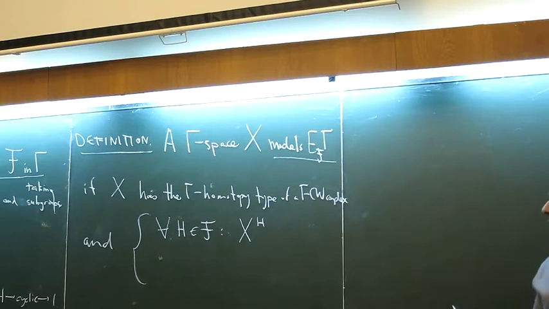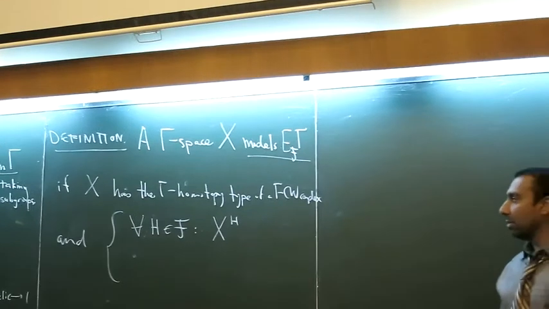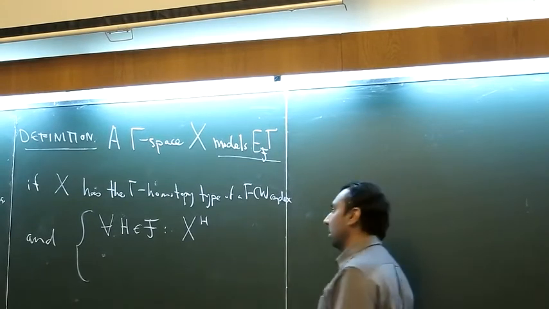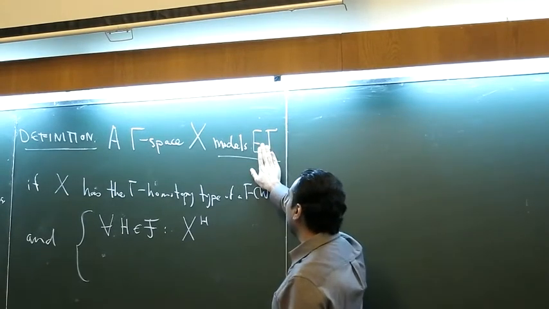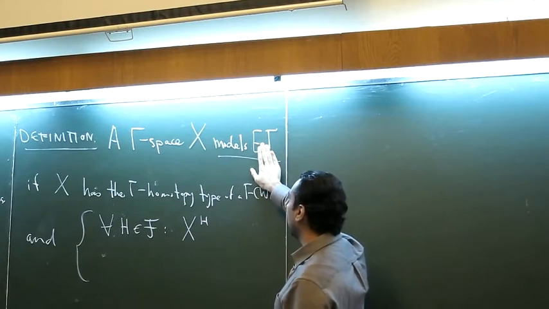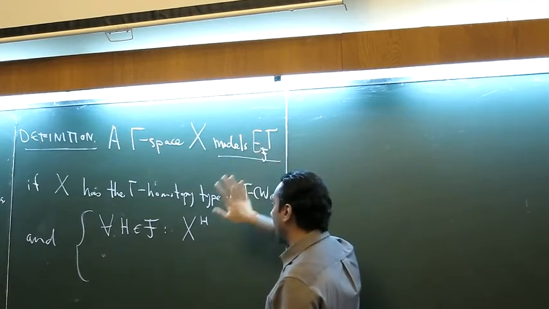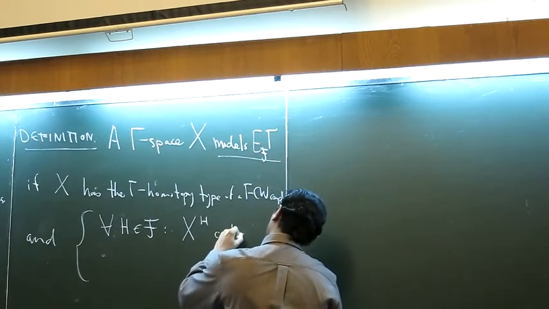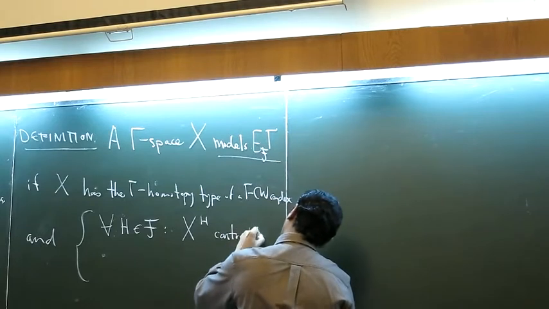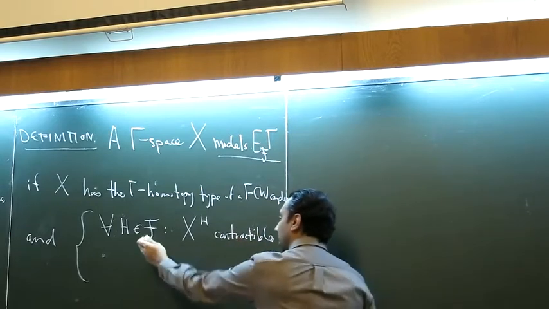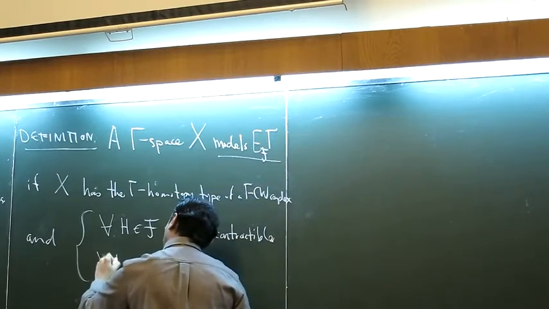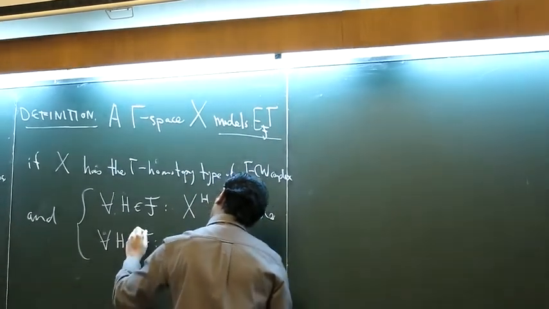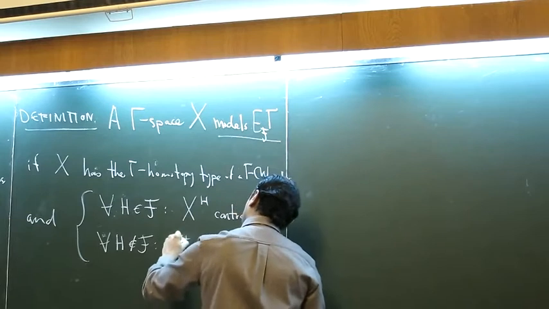For every subgroup in your family, the fixed set should be non-empty and contractible, because in the usual case, E gamma is a contractible space. So at each fixed set, this has to be contractible, in particular non-empty, for each one. And furthermore, if you are not in your family, then your fixed set must be empty.